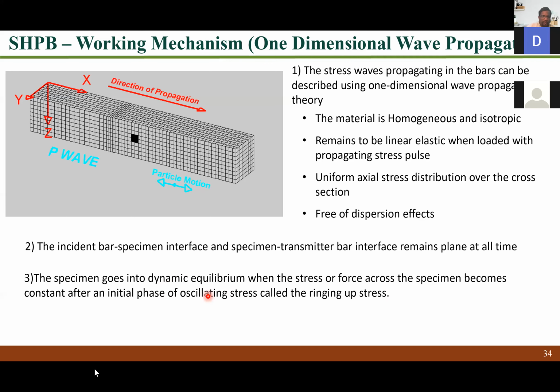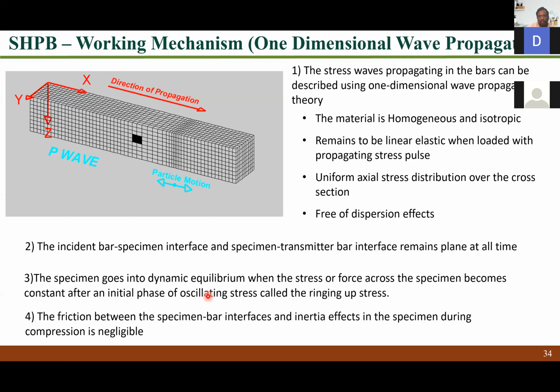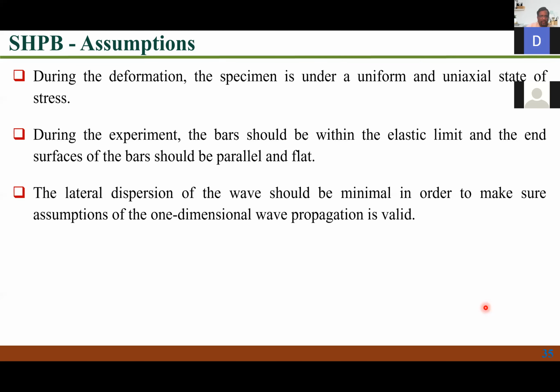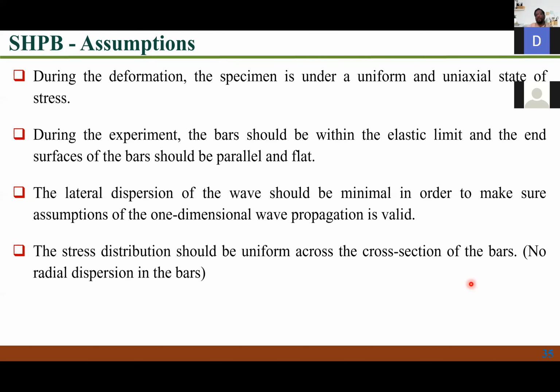And we also need to make sure that the friction between the specimen-bar interfaces and the inertia effects in the specimens are completely negligible. We also need to make sure that the lateral dispersion of the wave is very minimal, so that the assumption of one-dimensional wave propagation is valid.